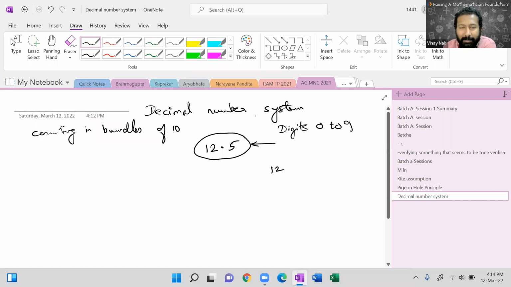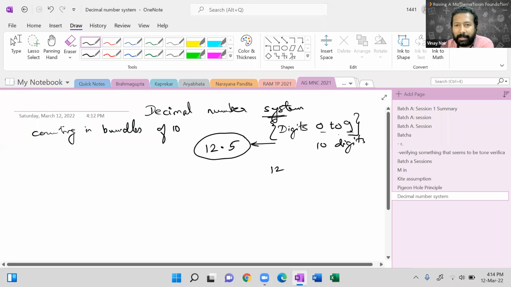But when we are saying decimal number system, we are talking about numbers which can be represented using 10 digits. Which are the 10 digits? It's 0 to 9. So when we represent numbers using 10 digits, it is called the decimal number system.